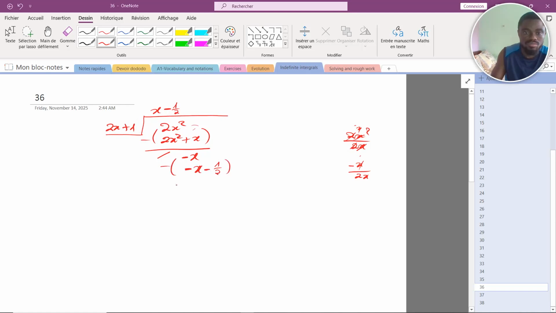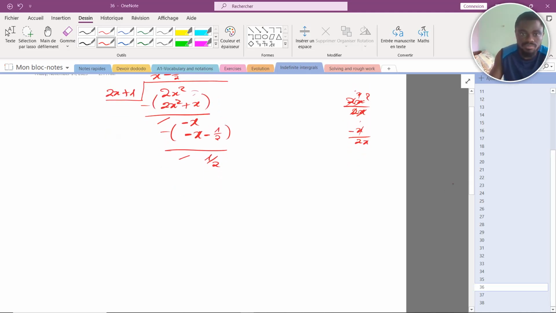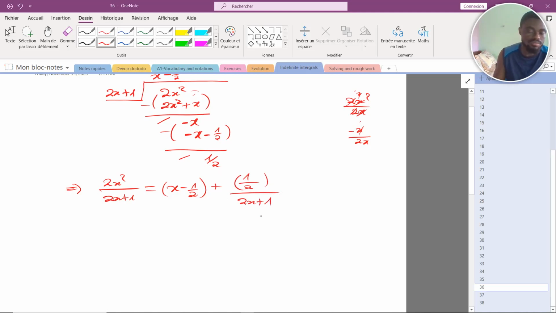So when I subtract, the x goes, and I'm left with a half. So this implies 2x squared over 2x+1 will be equal to the quotient x minus a half plus the remainder over the divisor, 2x+1. Is that okay?